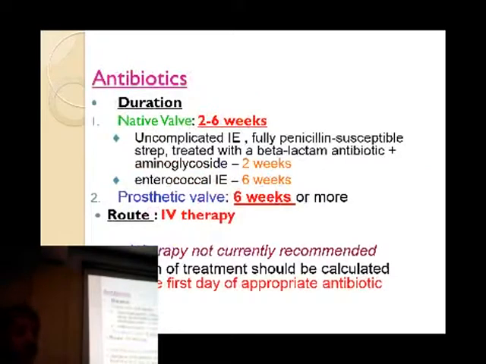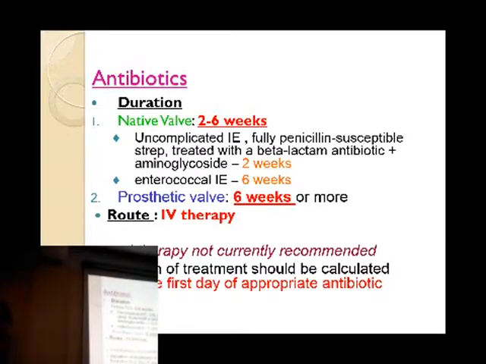Now antibiotics in general, if you take native valves, even though I mentioned it is 4 to 6 weeks, nowadays there is another tendency. We can discontinue treatment after 2 weeks if the organism is recognized as strep viridans and the beta-lactam sensitivity is proven and there are no major complications.